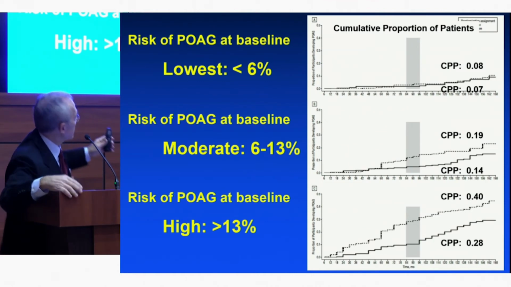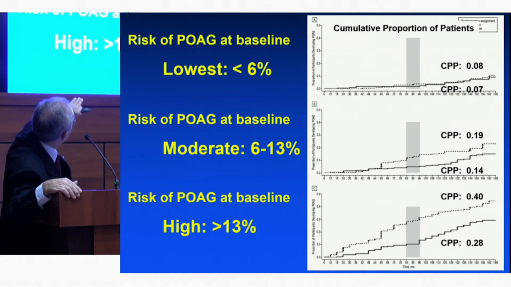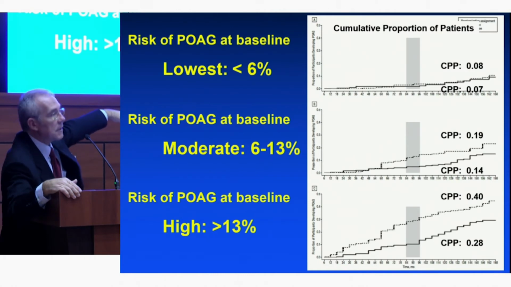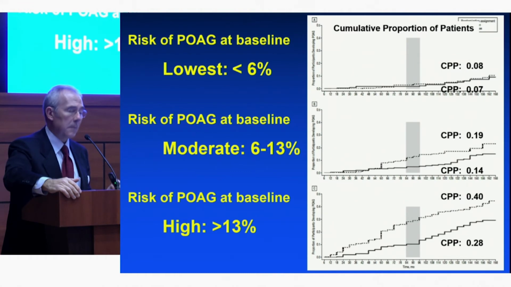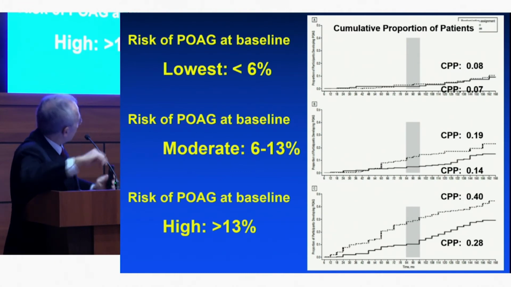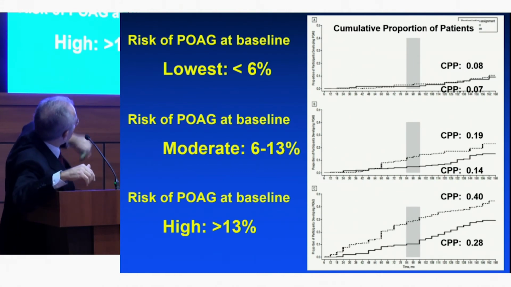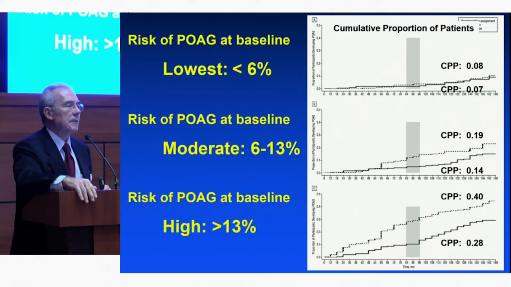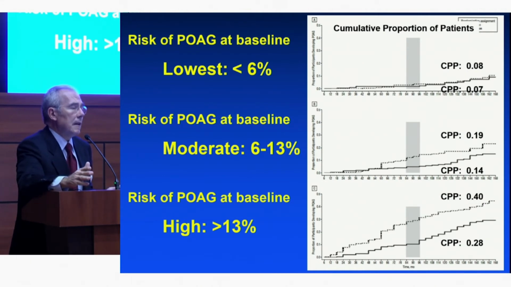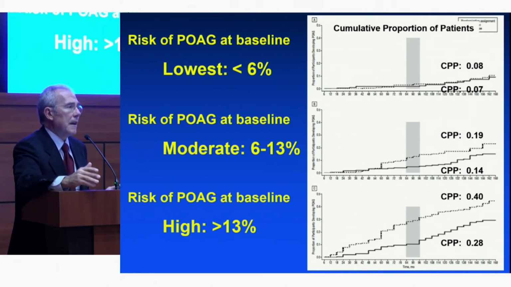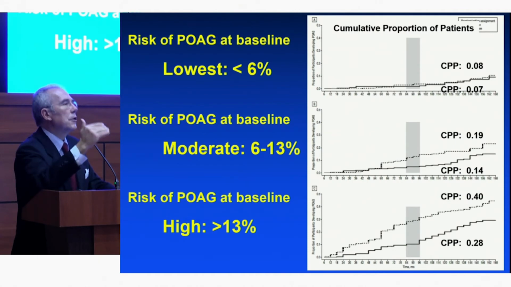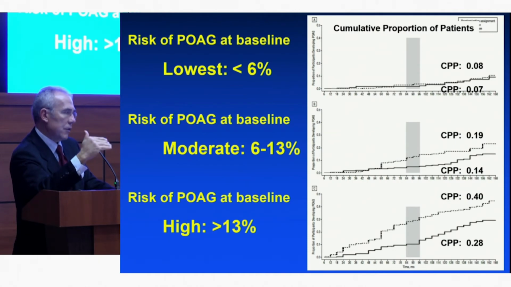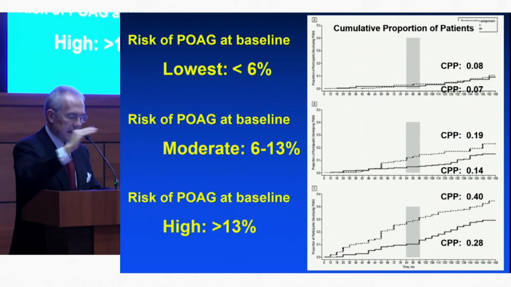Of course, those patients with a very high risk, above 13%, the risk to develop glaucoma was quite high, and I believe that this group of patients should be treated from the very beginning. Probably the mid group, those whose risk is between 6 and 13%, may be managed differently, just discussing with the patient whether they prefer to be treated or not, because anyway, the risk to have a significant visual change over time is still very low.